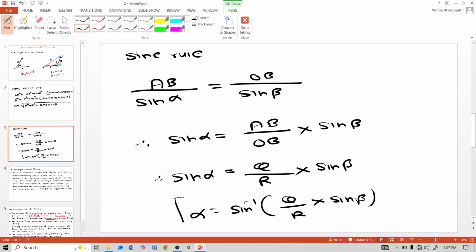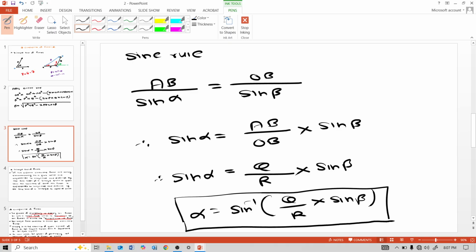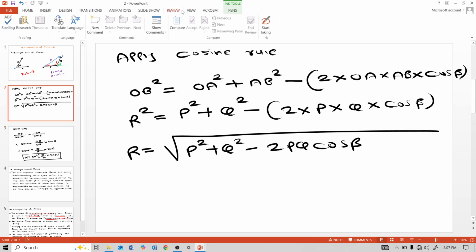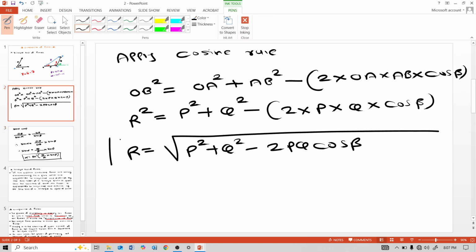So we calculated alpha and we also calculated the resultant, using the triangle law of forces.